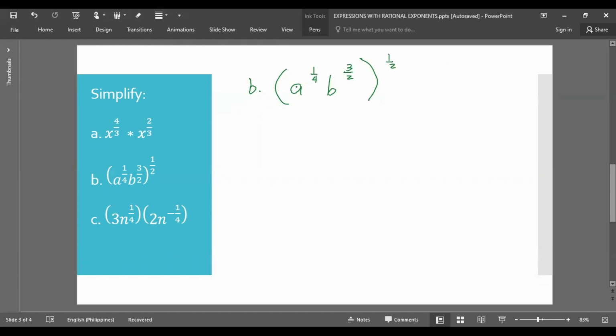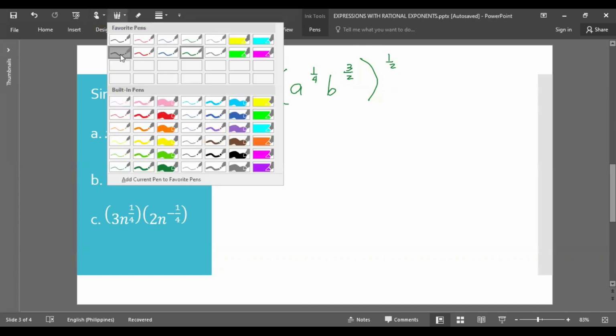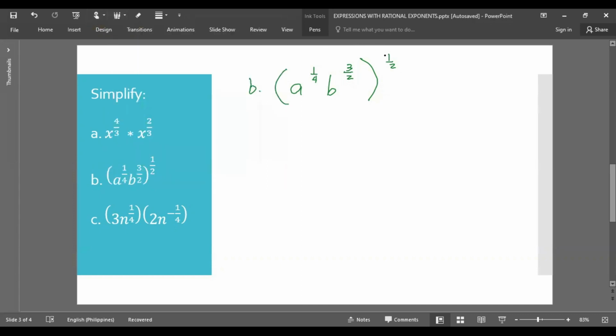Letter B, a raised to 1/4, b raised to 3/2, raised to 1/2. So how are we going to simplify this? You may apply here the third law of exponent, wherein you have to distribute this outside exponent to each of this.